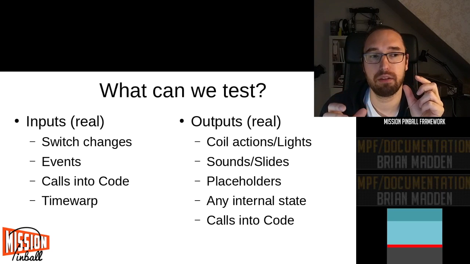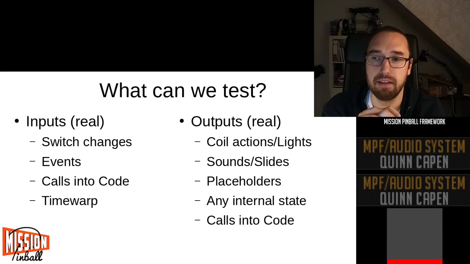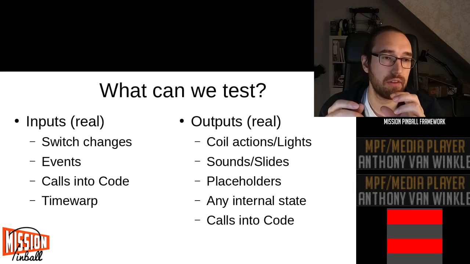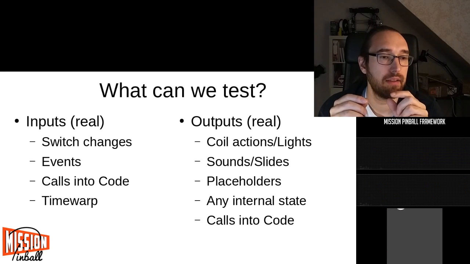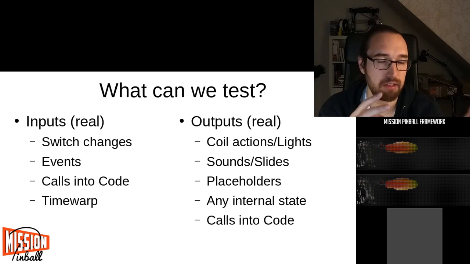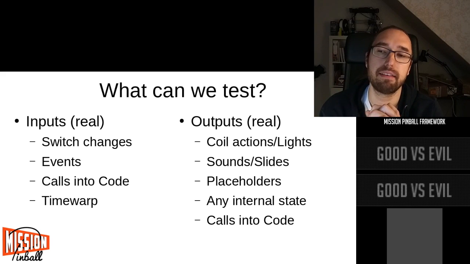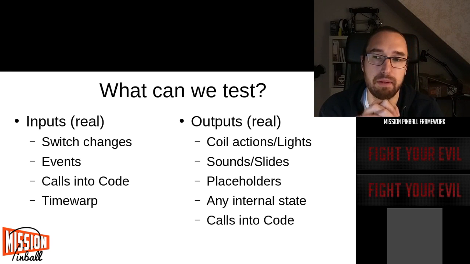So we can use placeholders which you usually put on slides in your pinball machine, and we can assert that they have certain states. So you can say, for example, the state of your state machine, or the count of a counter or something, and that's something we can assert via placeholders.